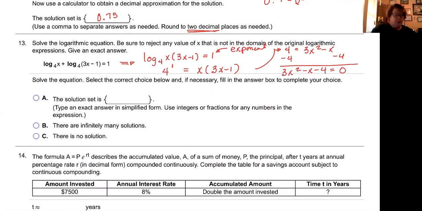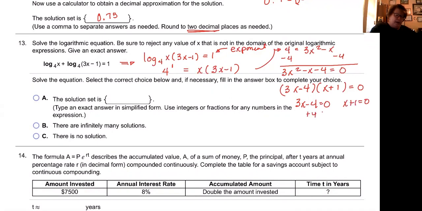And that is factorable, and I'm all about factoring if I can. Quadratic formula just takes too long. I think that's going to be a 4 there, 1 there, and that's going to be minus, and that's going to be plus. So then we're going to set our 2 factors equal to 0. So we get 3x minus 4 is 0, or x plus 1 is 0.